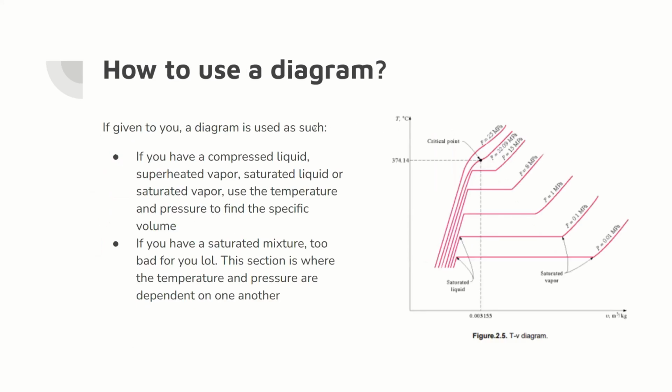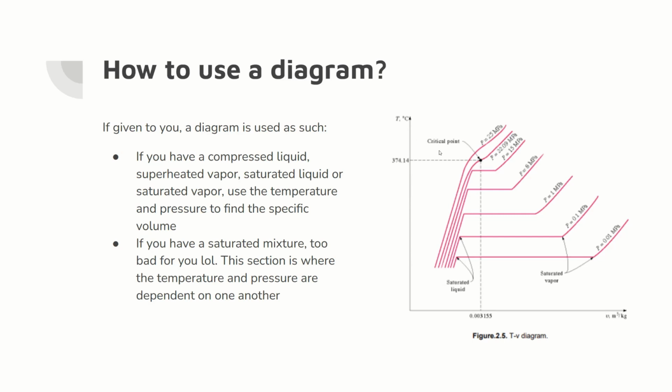The usual way to use these diagrams is through, well, I forgot what the rule was called, but pretty much the rule to distinguish almost all properties is to have two intensive and independent properties.